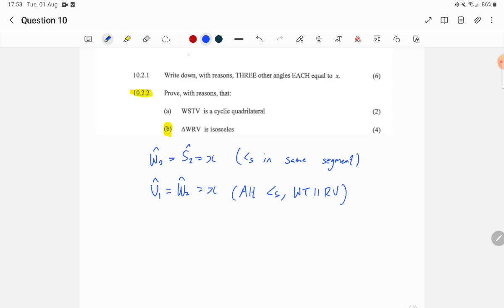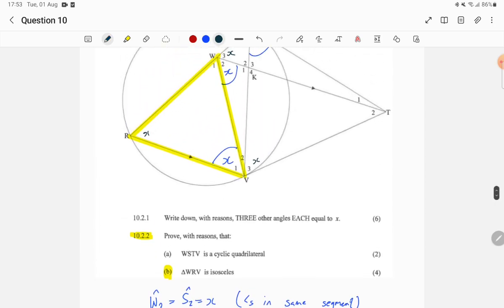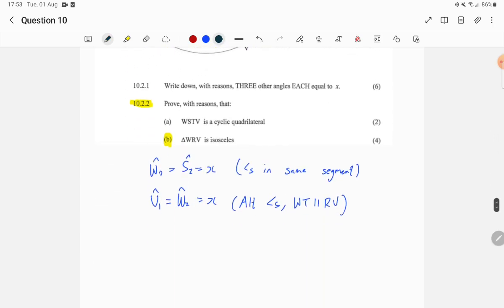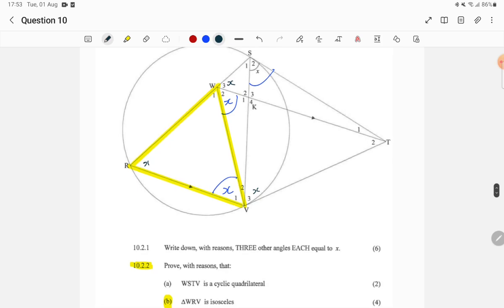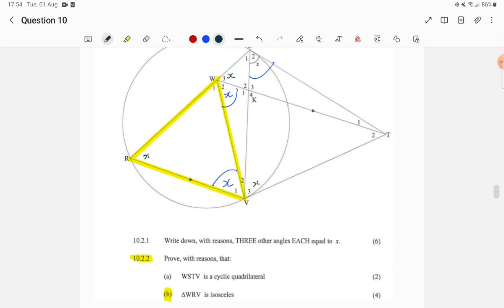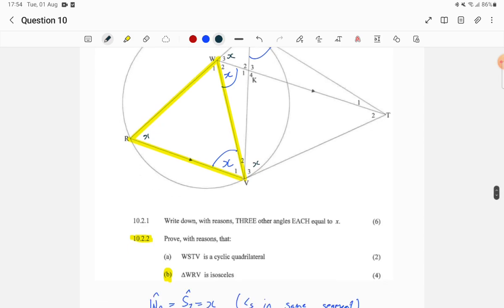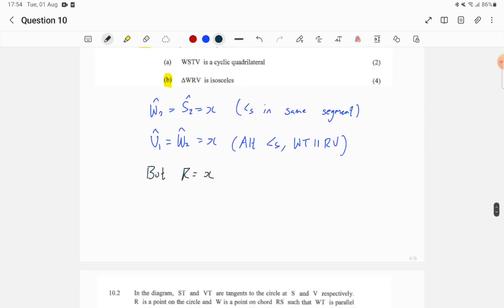And because of that, we can therefore conclude that angle R is also equal to x. So angle R is equal to x. And because angle R is equal to x and V1 is equal to x, therefore WV is equal to WR.